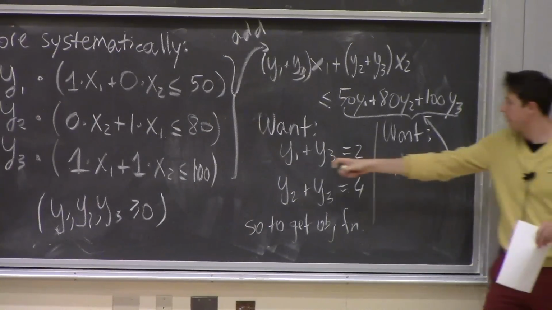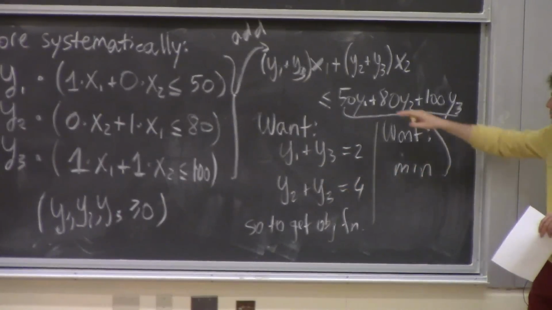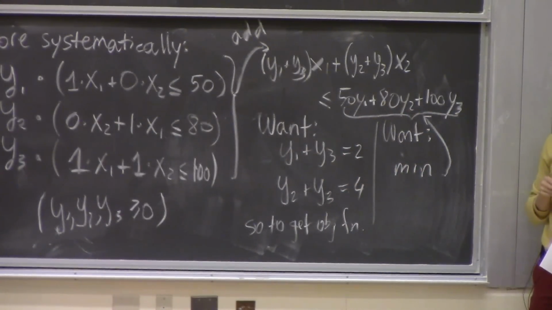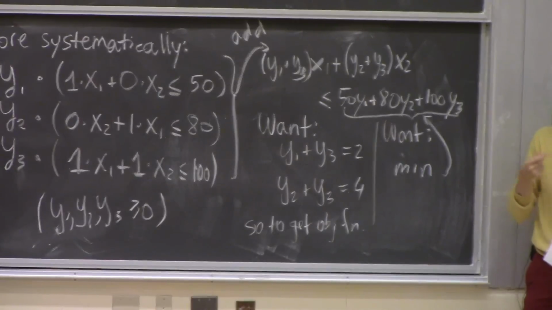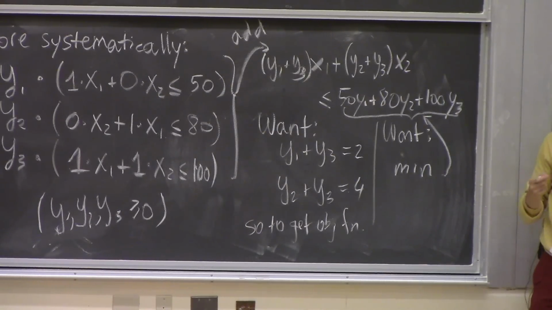For any y1, y2, y3 that satisfies these left-hand conditions, I want to minimize that expression because it will give me the best upper bound that I can derive. That sounds like a linear program, right? So let's try to write it as a linear program.